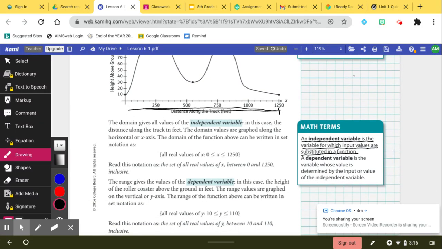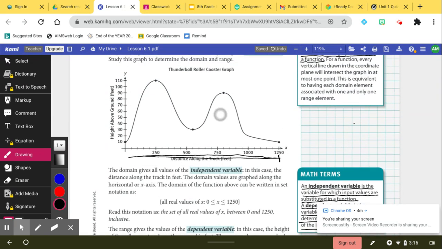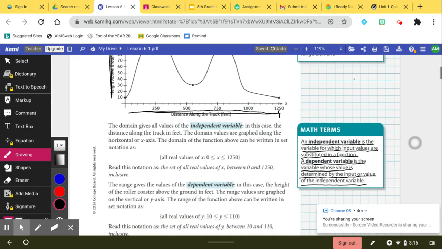The range gives the value of the dependent variable. The dependent variable is the variable whose value is determined by the value of the independent variable. These are my outputs. Based on what input, this is my output. So these are my y's, which are my height, and they range all the way from 10 feet to 110 feet.